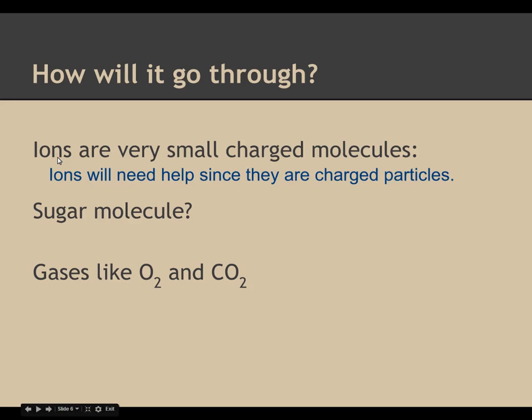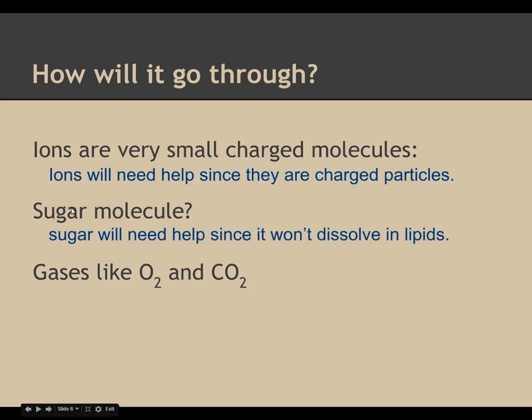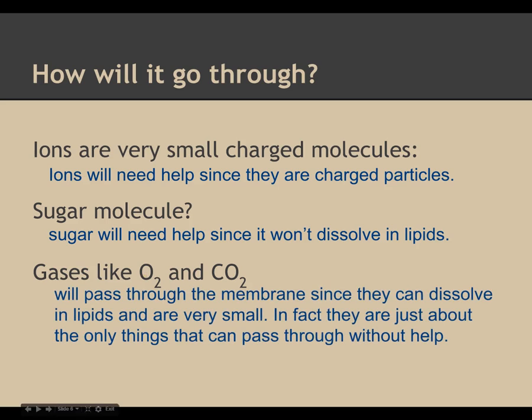What about a sugar molecule, which isn't huge, but it's pretty large? It's going to need some help as well. Gases like oxygen and CO2. Our cells need oxygen, and they produce carbon dioxide as a waste product. And these gases are actually small enough to slip through the phospholipid bilayer.